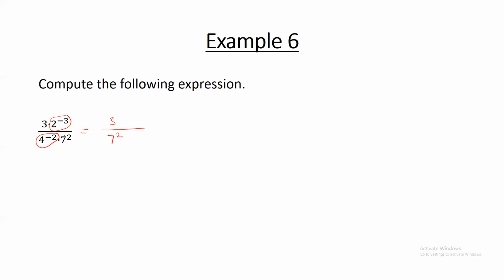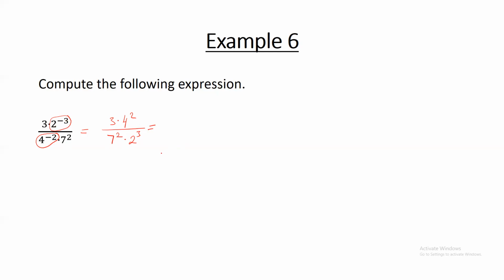It's just that the 4 to the negative second goes to the numerator to become 4 to the positive second, and 2 to the negative third becomes 2 to the positive third by moving down, right? It's those numbers that are raised to the negative power that we move and change the exponents. And now we are ready to multiply.